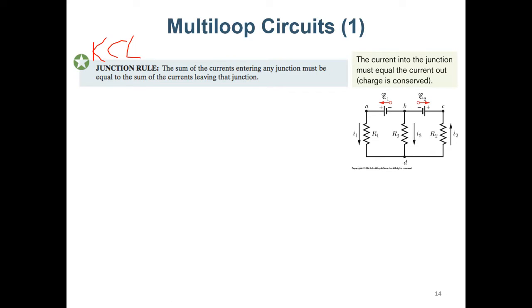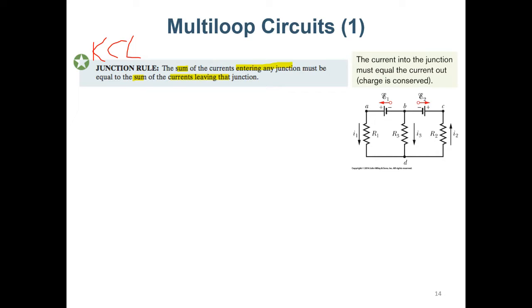So the sum of the current entering any junction must be equal to the sum of the current leaving that junction.